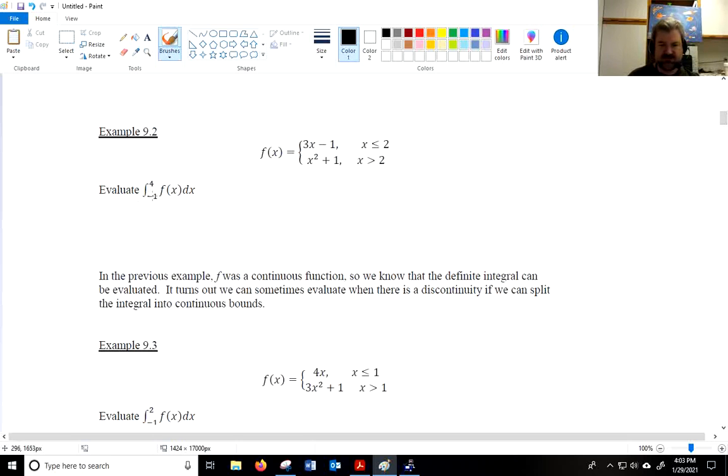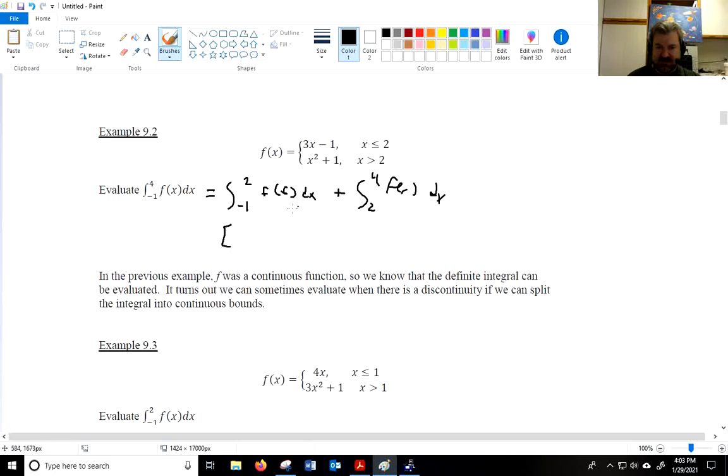So we can simply evaluate this by breaking it apart and using the integral from -1 to 2 of f of x dx plus the integral from 2 to 4 of f of x dx. All right, well, let's integrate from -1 to 2.